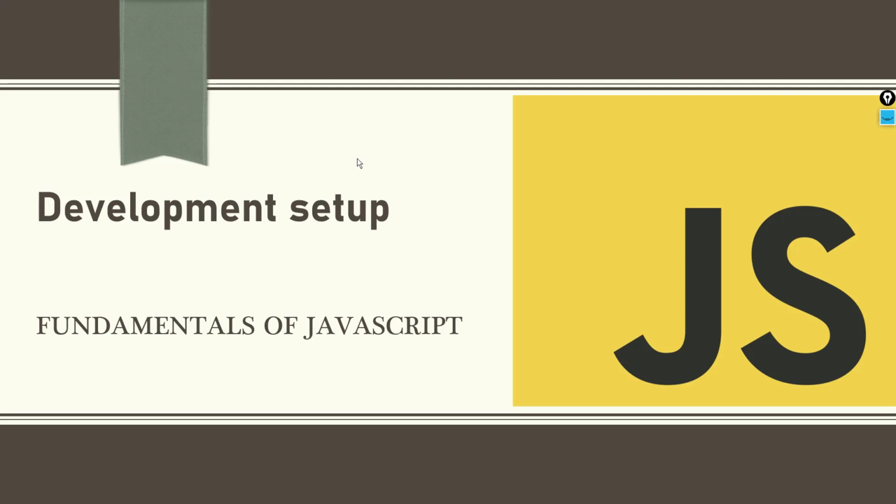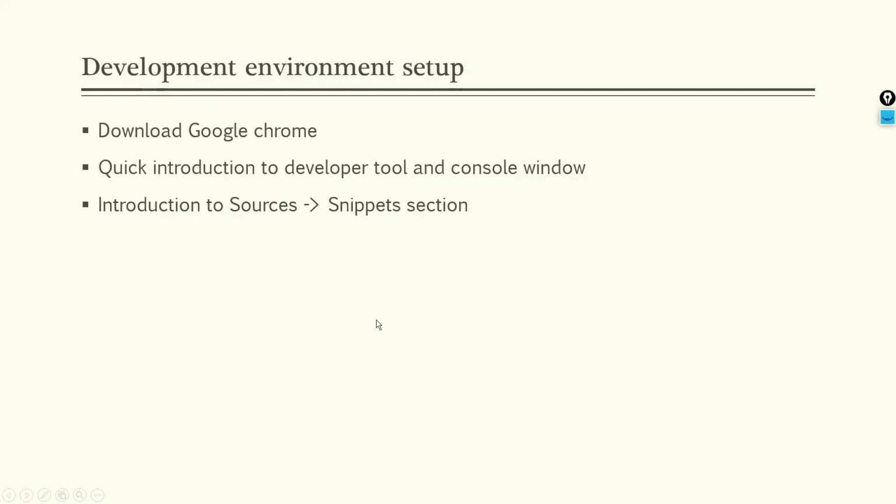Before beginning with our JavaScript journey, let's set up our development environment. As part of the process, first we need a web browser where we can run our JavaScript code. A web browser is basically a JavaScript compiler. All the leading web browsers like Microsoft Edge, Chrome or Opera come with inbuilt JavaScript compilers.